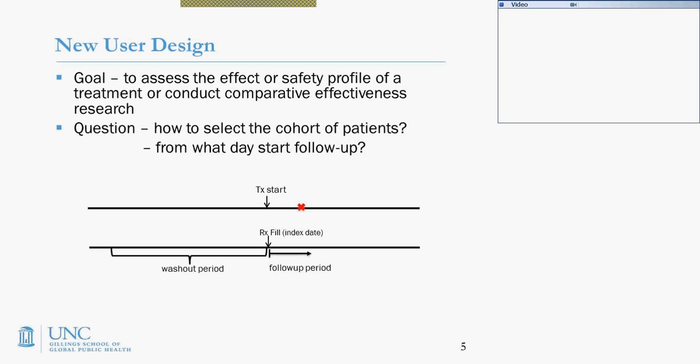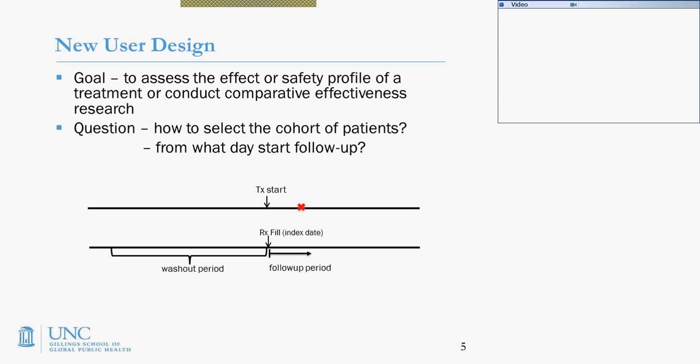With these secondary databases, we try to align the study design with the occurrence of these events, so we use prescription fills. There are different modifications to the new user design, but here is a really simple claims version.